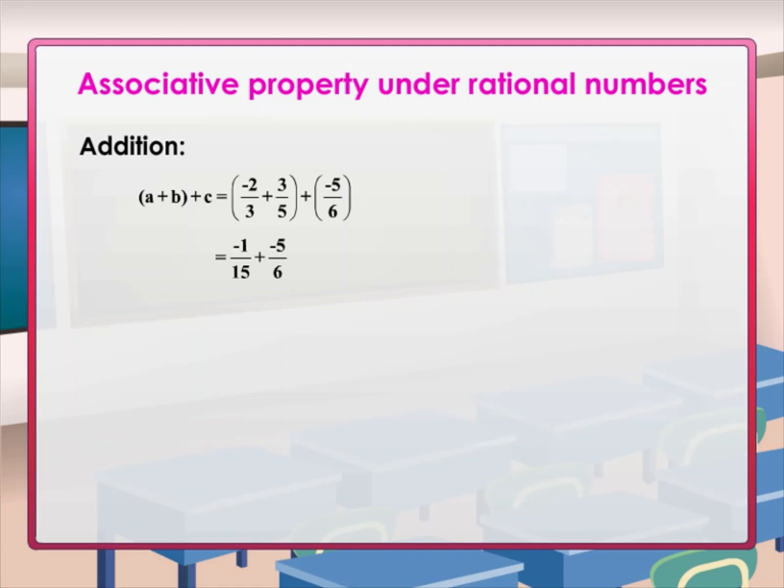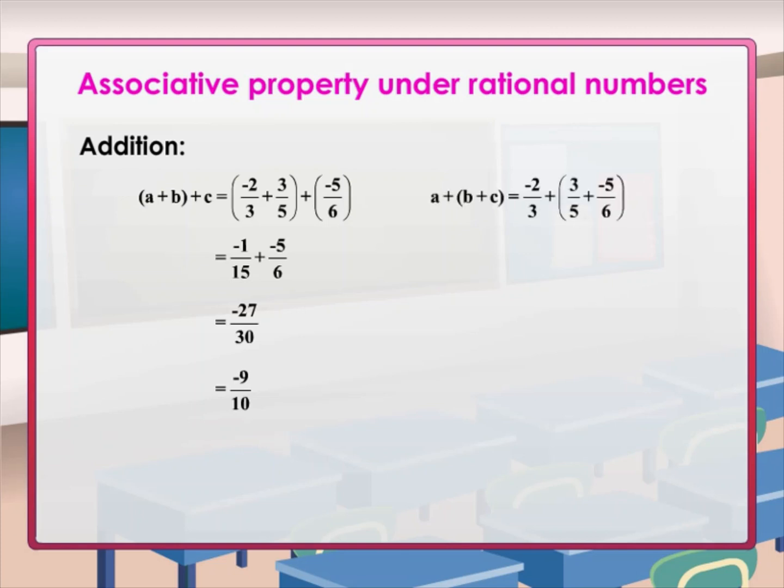Same method, you again make the denominator the same and proceed with the addition. Here both the numbers are negative. -1 by 15 is added to -5 by 6, and the result is a negative number. So we get -27 by 30. If we reduce this to the lowest form, we get -9 by 10.